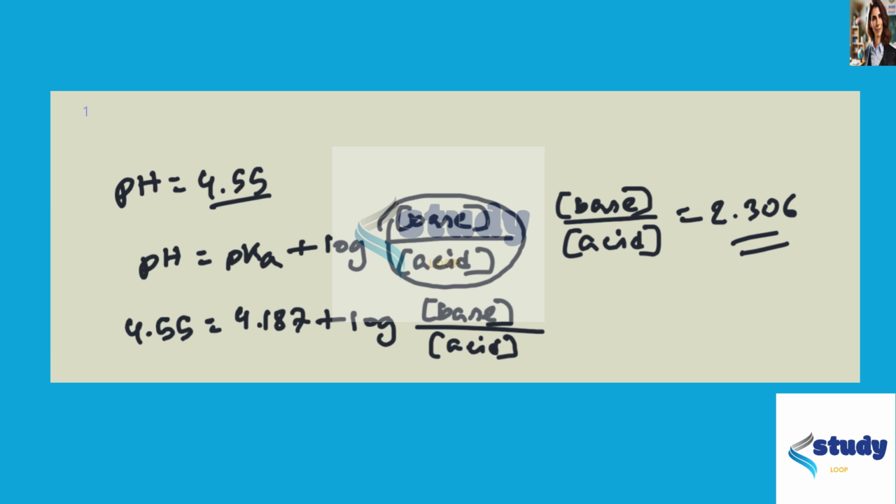Now we have to use the freezing point depression to find out the molality of the solution. As you know, the depression in the freezing point is given by del Tf equals m times Kf.